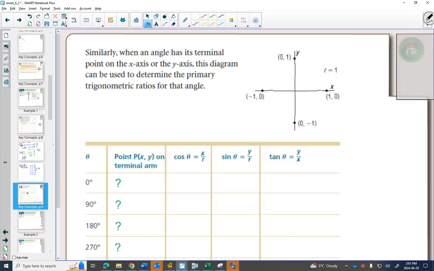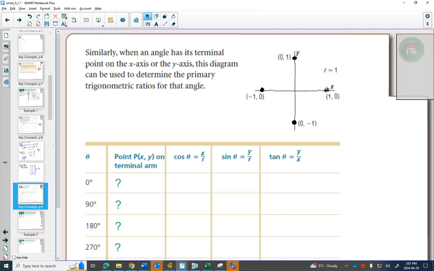If you had angles of 0 degrees, 90 degrees, 180 degrees, and 270 degrees, even though you cannot make a triangle with your reference angle anymore, because your reference angle is 90 degrees, if you try to make another 90-degree angle, you already only have a straight line.